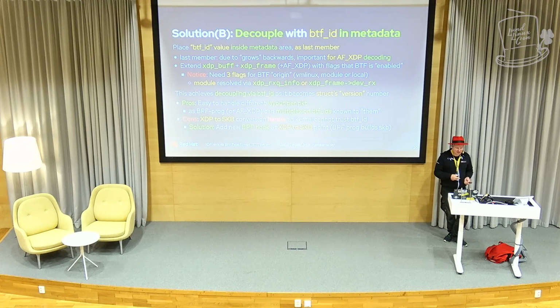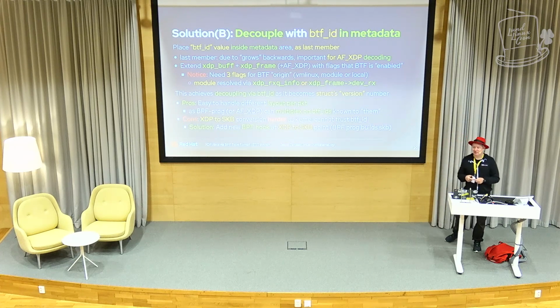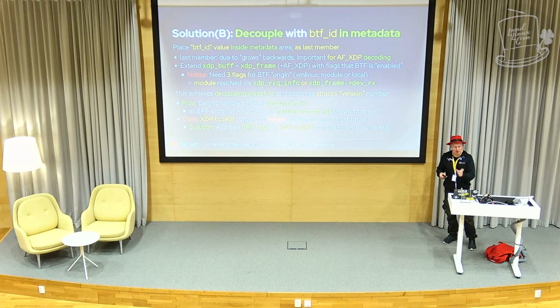Solution B is decoupling it and just using the BTF ID in the metadata area. I always claim it's Björn, I think he's here somewhere, who invented that on the mailing list. We simply store the BTF ID as the last member, because it grows backwards. Then in AF_XDP, as it's 32-bit, we do minus 4 bytes, look at the ID there, and then we know the layout of the structure.